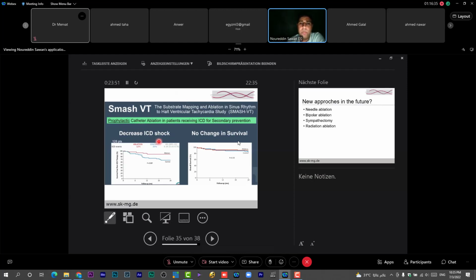The first group received only ICD, and the other group received prophylactic VT ablation and ICD. Patients who received ICD and VT ablation had less VT, less ICD shocks, less VT occurrence. But there was no change in survival, unfortunately.